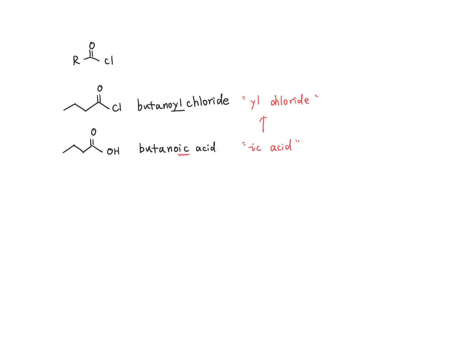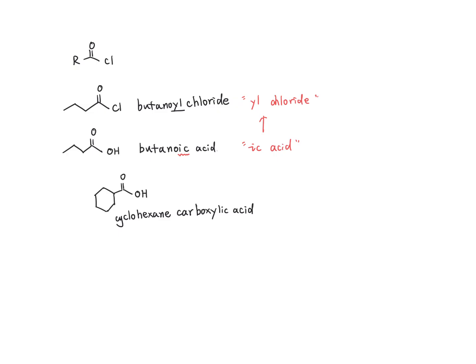The second example is to look at when you have the cyclohexyl group, for example. Then we are going to look at how to name this. This is our carboxylic acid, and for this type, we are going to name it as cyclohexane, and then we are just going to call it out carboxylic acid.